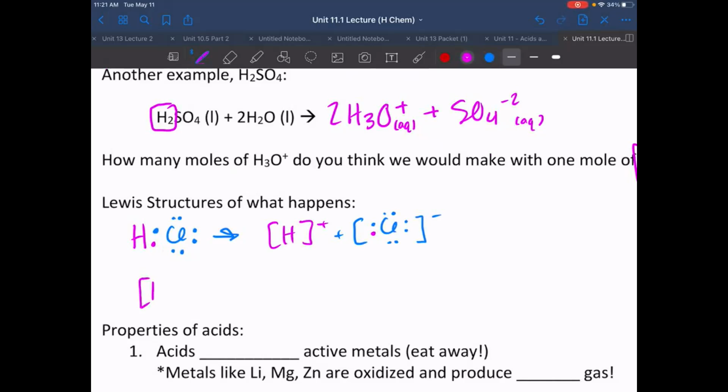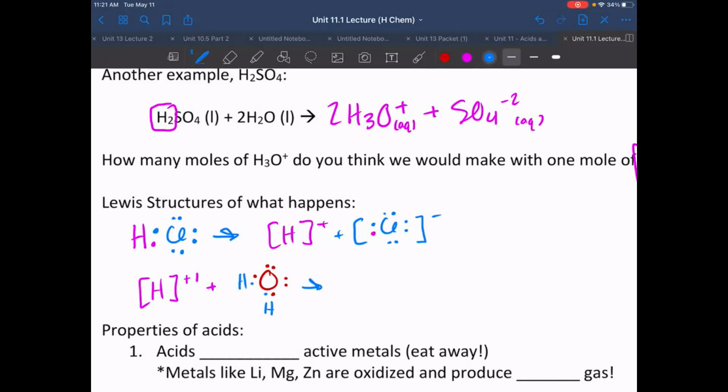As this H plus is just moving along in water, doing its own thing, it decides that it wants to hang out with a water molecule. So I'll draw one of those real quick. So remembering that water has, or oxygen has, 6 valence electrons. And then there's 2 hydrogens already bonded to it. So it seems weird because you're like, wait a second, there's not really anywhere for the hydrogen to go.